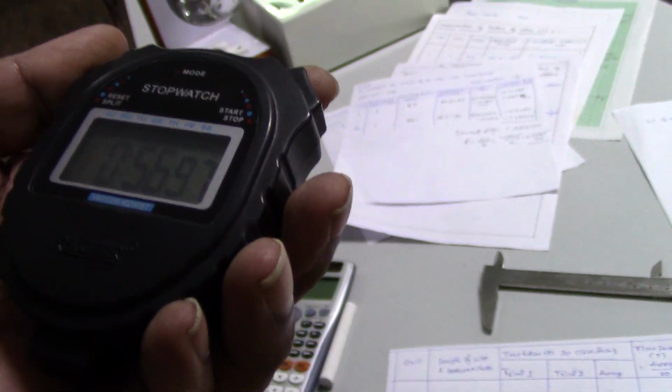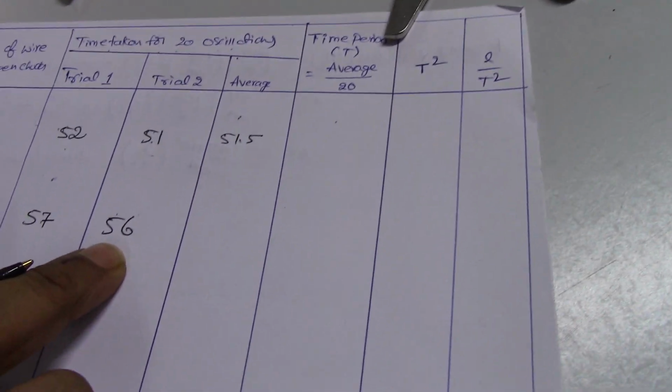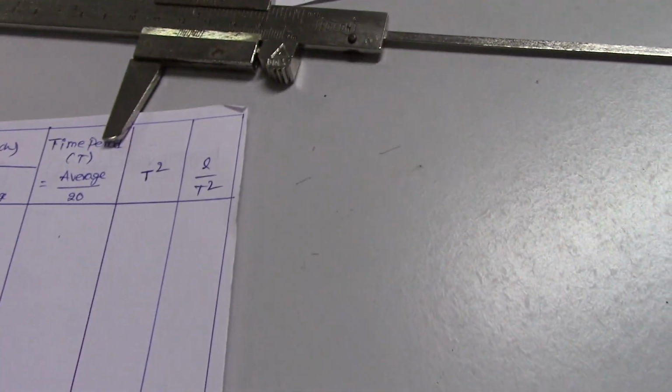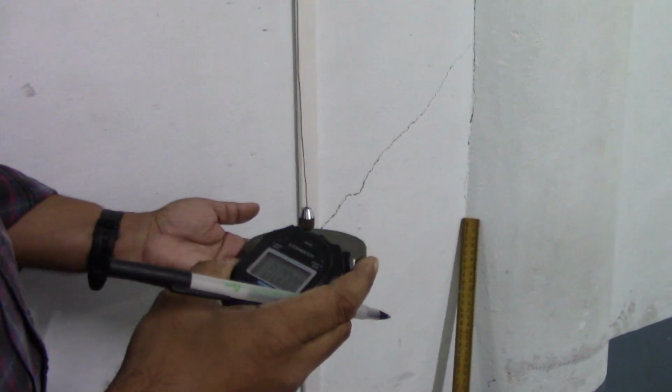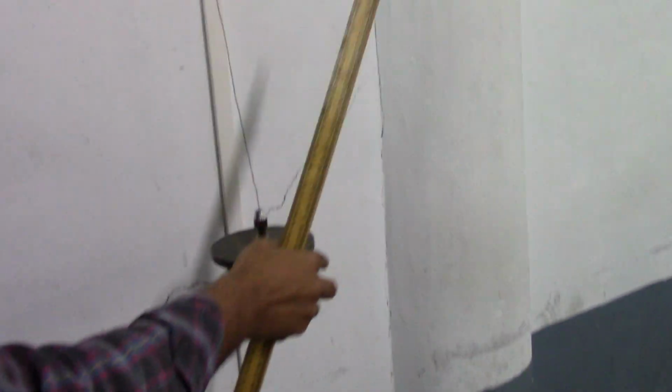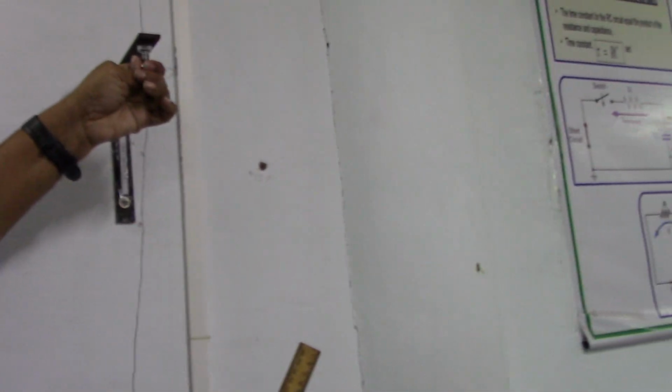So this time the time taken for 20 oscillations is 56 seconds. Take the average of these two, obviously 56.5. So finally, this is the last reading, students.